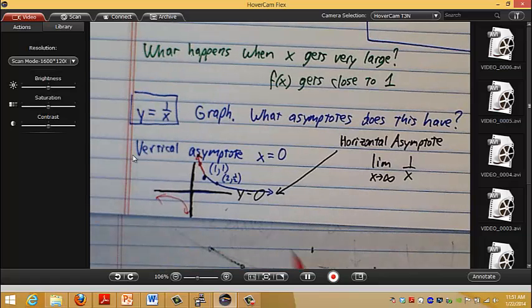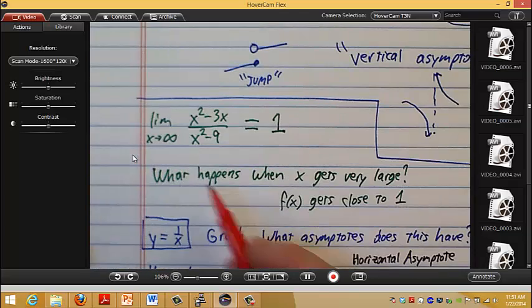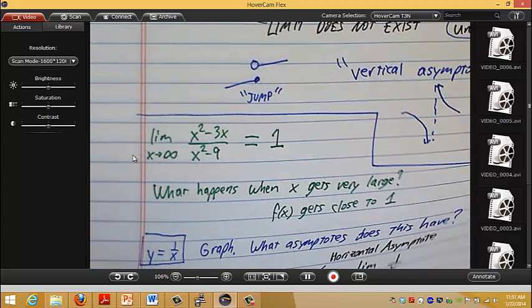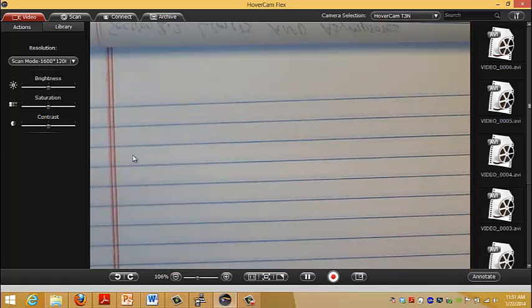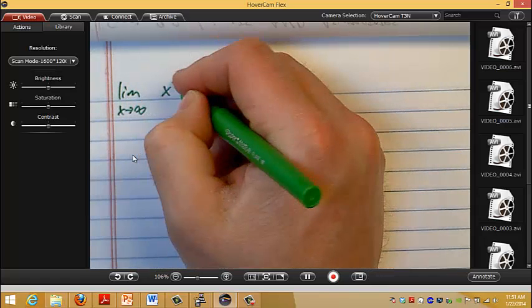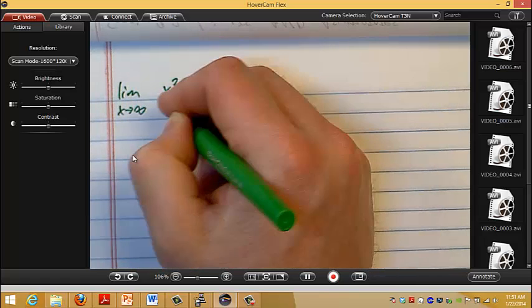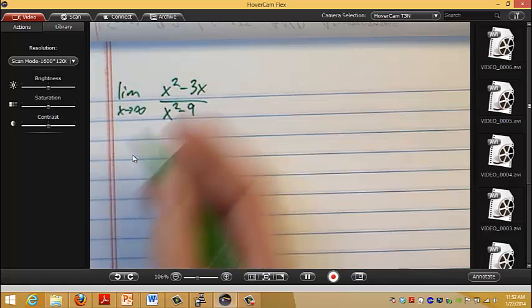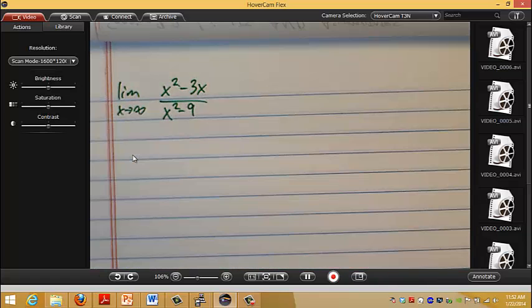But I think understanding that graph helps me when I go to understand this problem. So let me redo this limit problem. I want to compute the limit as x approaches infinity of x squared minus 3x over x squared minus 9. And what I'm going to tell you is we don't want to factor. We're going to do a different trick.